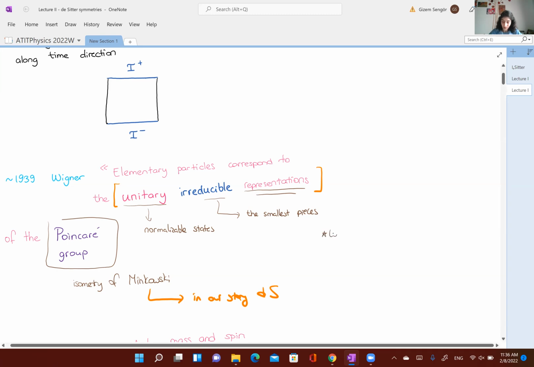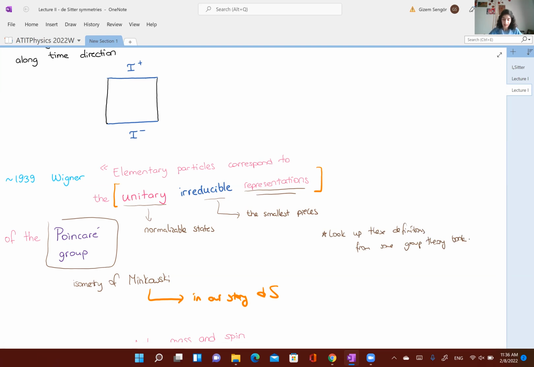Don't forget to look up these definitions from some group theory book. If you want to make a calculation, you will need to make use of that. I will give you a list of some books as well, but you can also just look at any one of your favorite books.